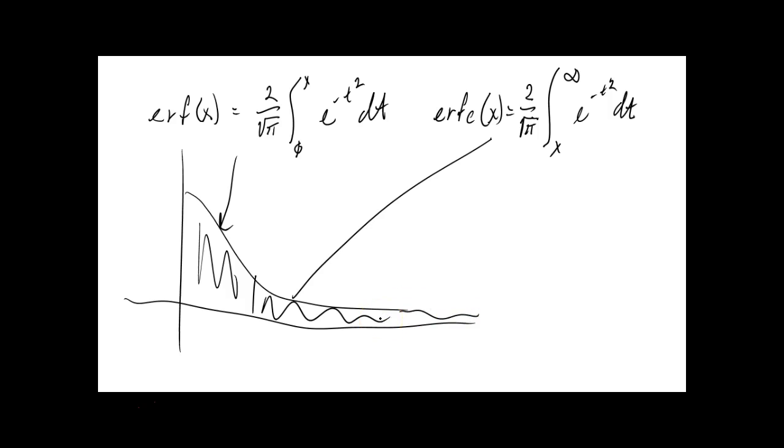That's why it completes it, because when you add the two together, you have all the space that you need to deal with. This is the part under the curve, and this is the part under the curve beyond whatever your value of x was.